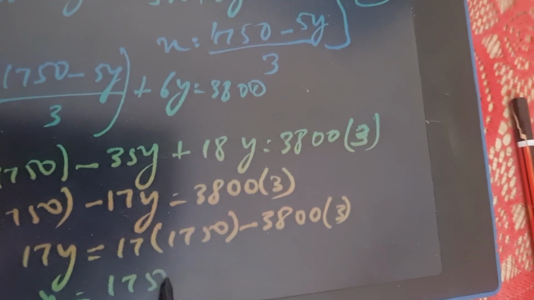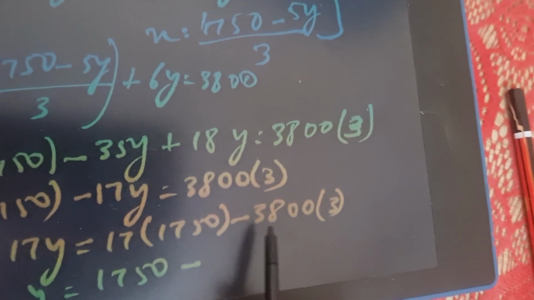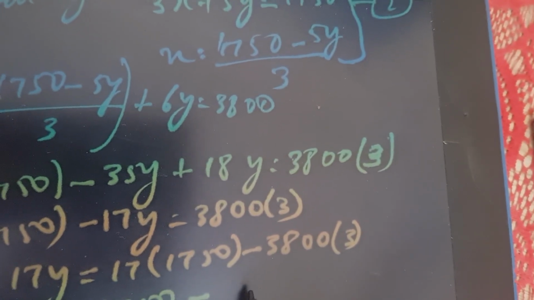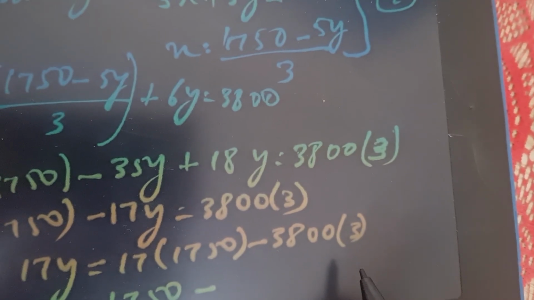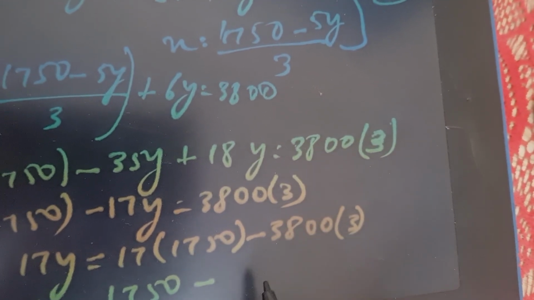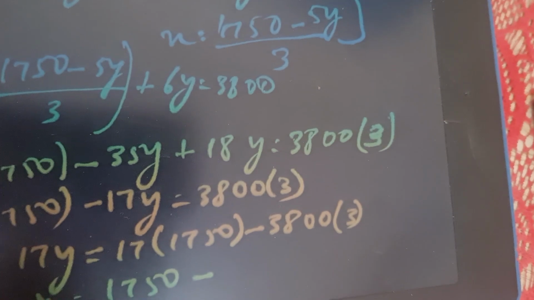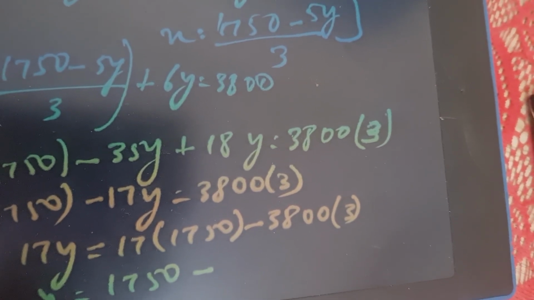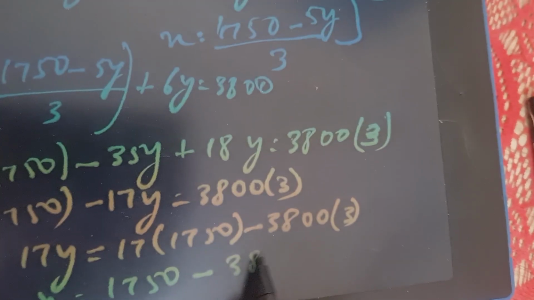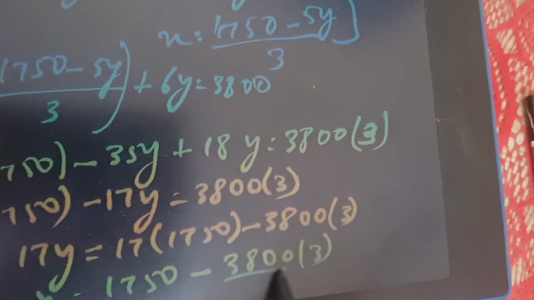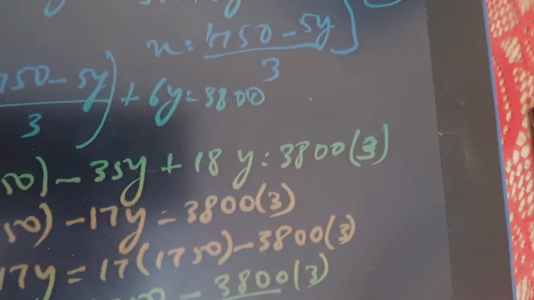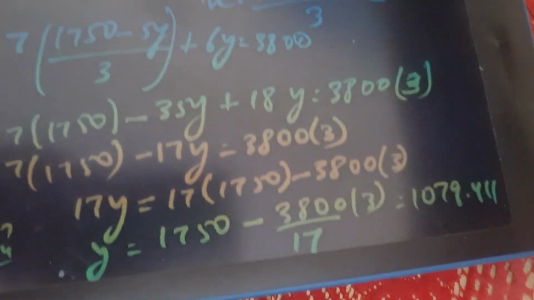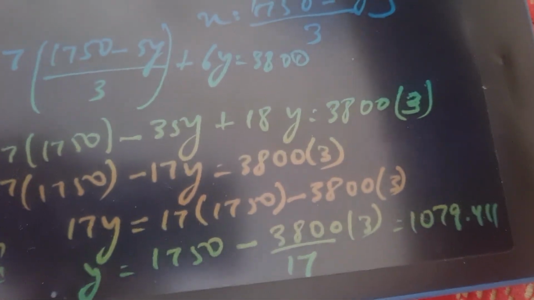So 1750 minus 17 times 7 is 14, 43, something 3803, and here 17. This is the value of y that I get.